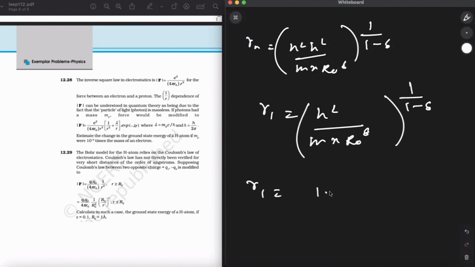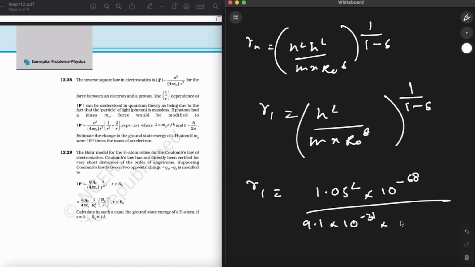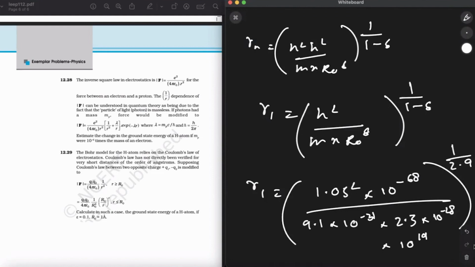r1 can be written as 1.05 whole square into 10 to the power of minus 68, divided by 9.1 into 10 to the power of minus 31 into 2.3 into 10 to the power of minus 28 into 10 to the power of 19, and this whole raised to 1 upon 2.9, because delta is equal to 0.1.